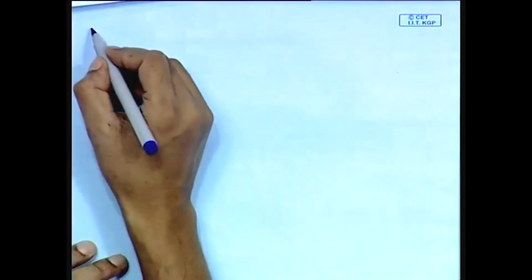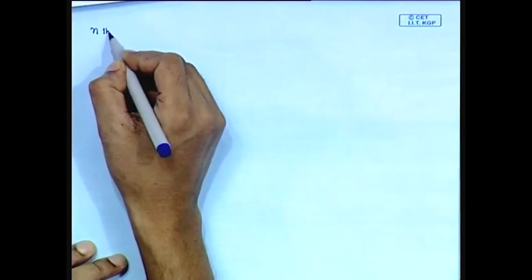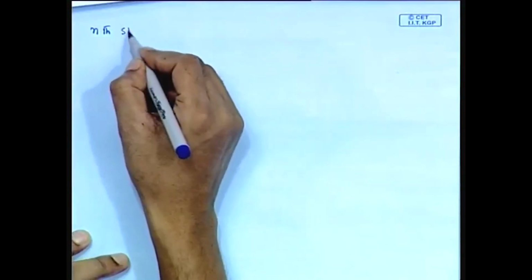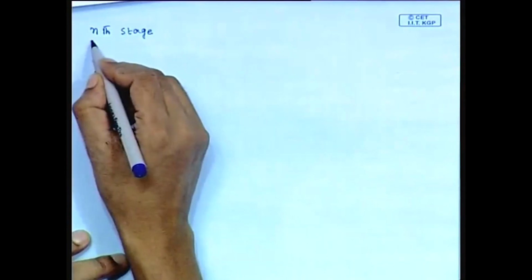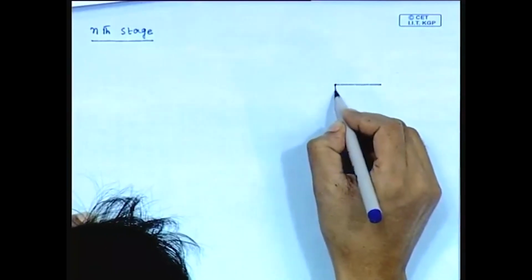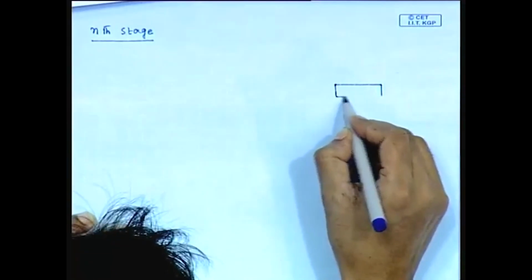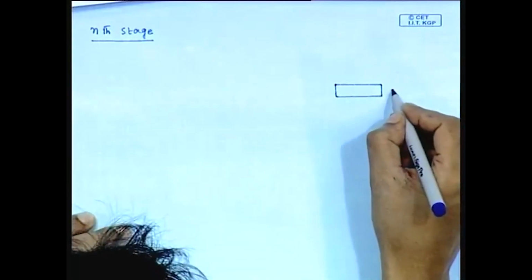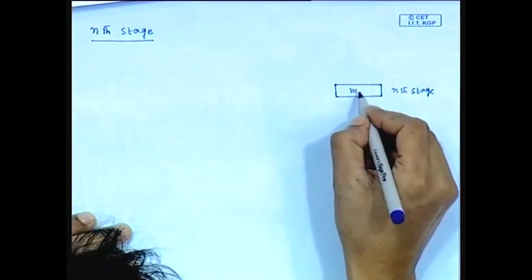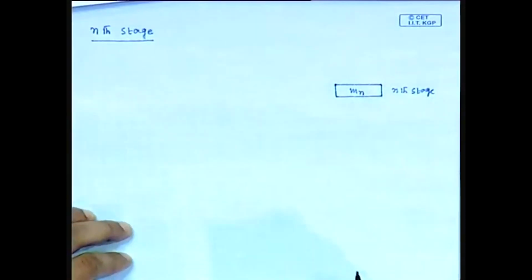Next we will consider the third envelope, that is any tray. We will represent any tray by nth tray, so nth stage. Fine. Now, this is the schematic of nth stage. Nth stage hold up is M suffix n.